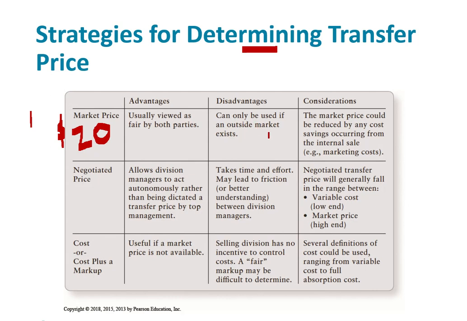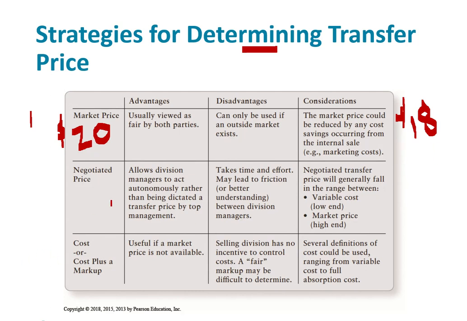The disadvantage is it can only be used if an outside market exists. So you may not have a market for that particular product or part that you want. The market price could also be reduced by the cost savings. So you could say, well, you're going to save a couple dollars.